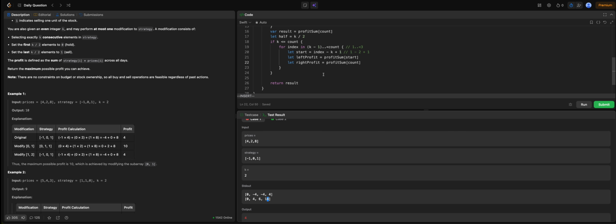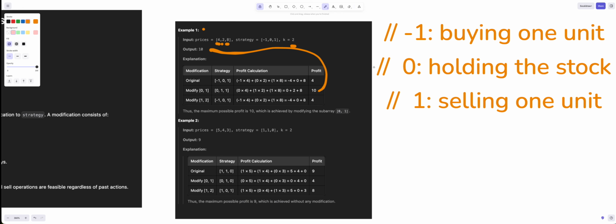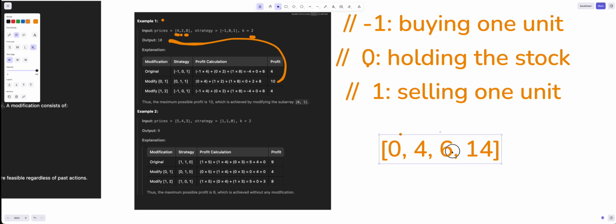That is what we are checking for the profit sum, and then I'm going to take the profit sum from index plus 1. So let's say that we are receiving this value as a profit sum.